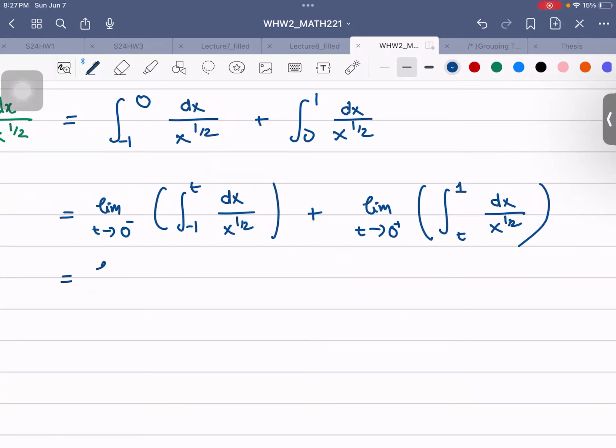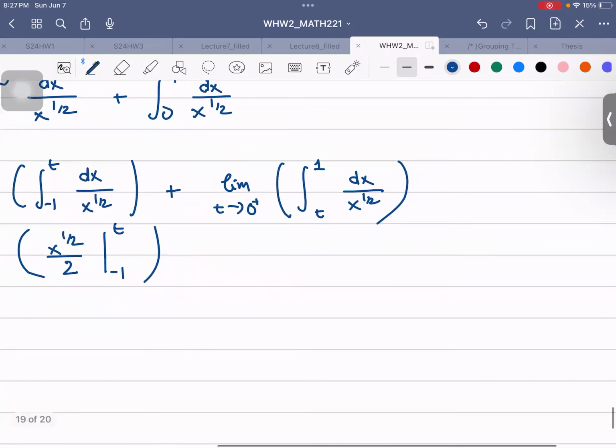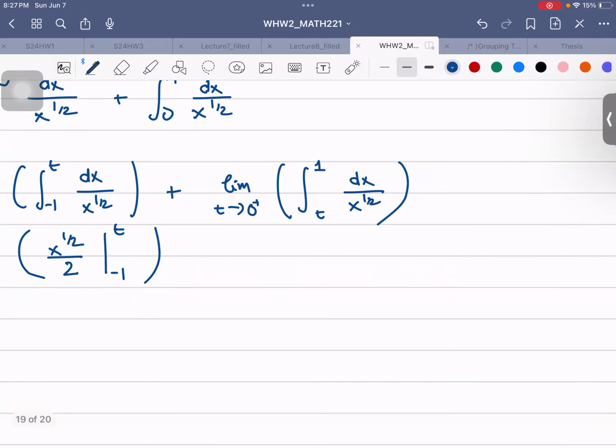The result will be the limit as t goes to 0 of the integration of x to the power of negative 1 half, which will be x to the 1 half divided by 1 half, from negative 1 to t, plus the limit as t tends to 0 from the right of x to the 1 half divided by 1 half, from t to 1.